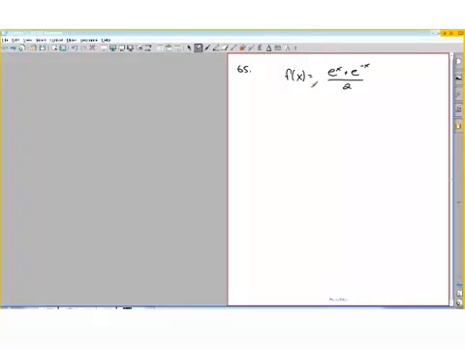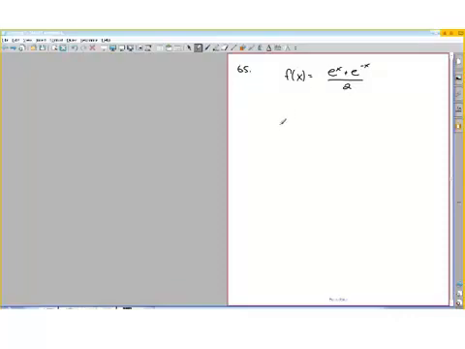So we have to take the second derivative and solve that for 0 and check that out. Then we can use the first derivative test and the second derivative test to look at the extrema, and then make sure the concavity changes across the possible point of inflection.